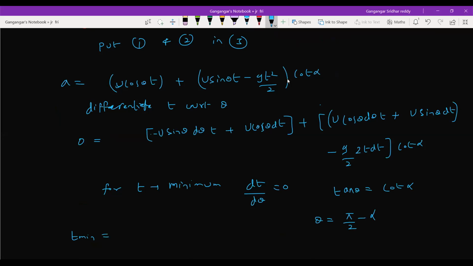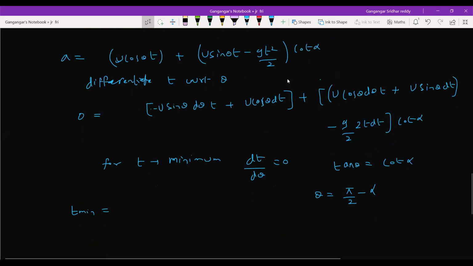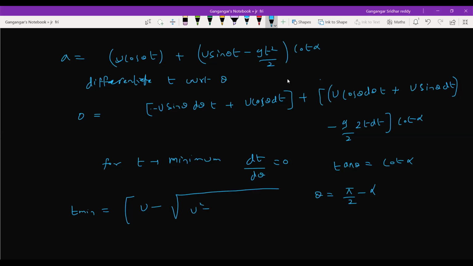T minimum, I'll write the answer, you check it later on: the root of the expression with g a sine 2 alpha.